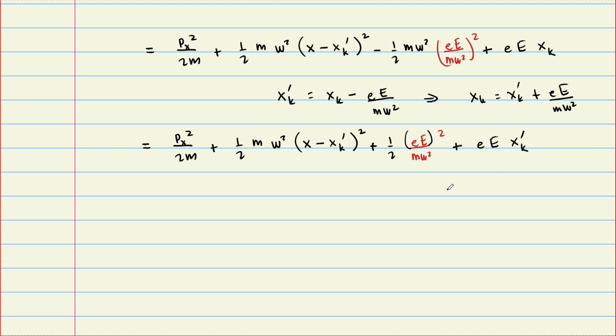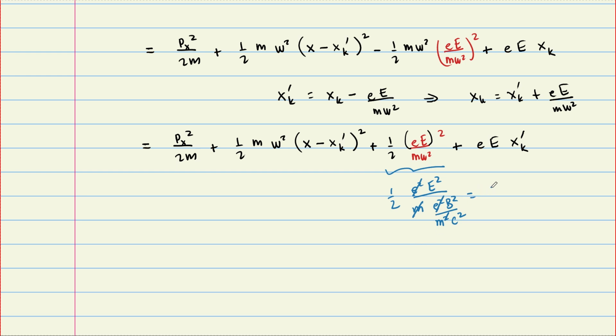And this thing, so 1/2 e squared divided by m omega was equal to e squared B squared over m squared c squared. So cancel m, cancel e.